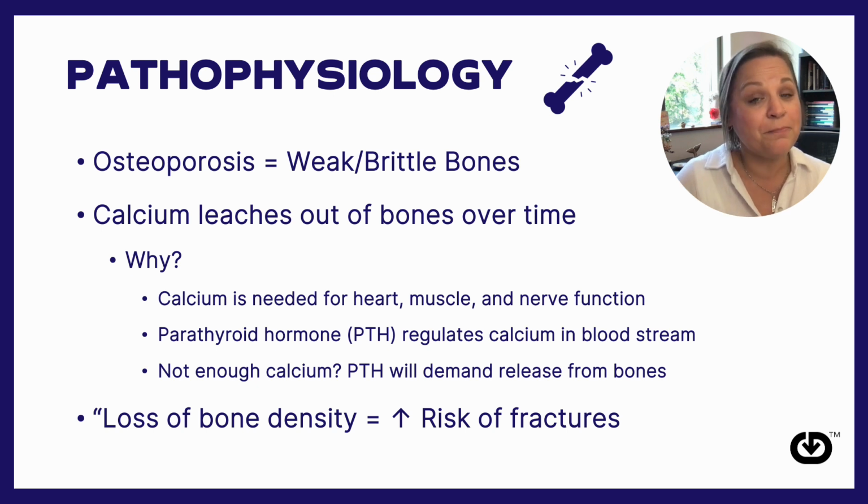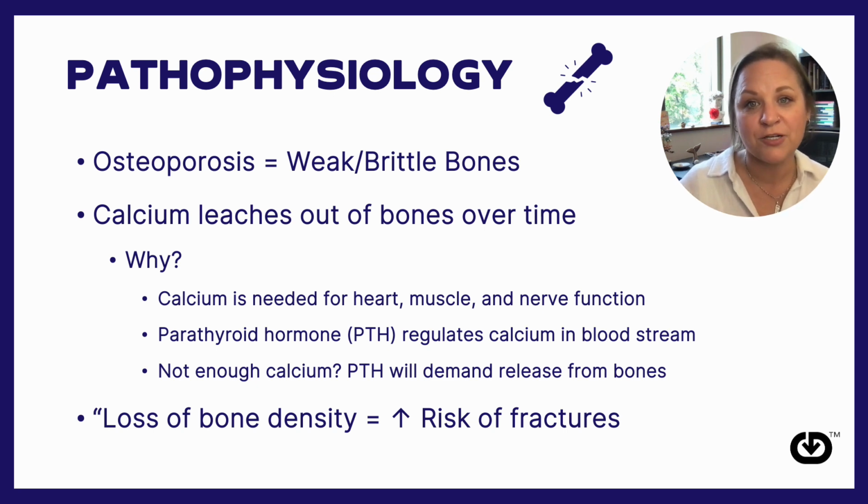Now, if the body doesn't have enough calcium for regular everyday functions, the parathyroid hormone will tell the bones to release calcium into the bloodstream. And over time, if this happens a lot, it causes a lack of bone density, which puts the patients at risk for fractures.